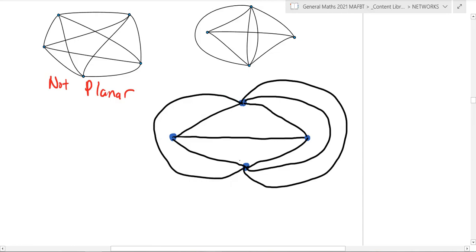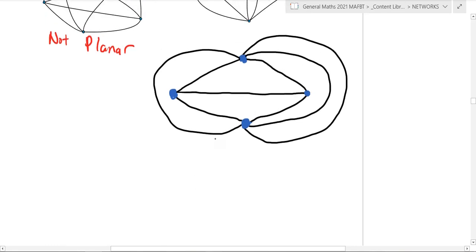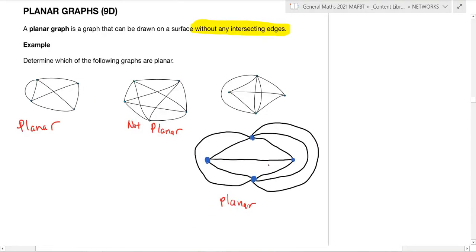Now you can see that the graph is planar, because none of the edges intersect with one another. So this graph is planar if it's redrawn, but you have to figure out whether it is planar or not by redrawing it. So this graph there is planar.